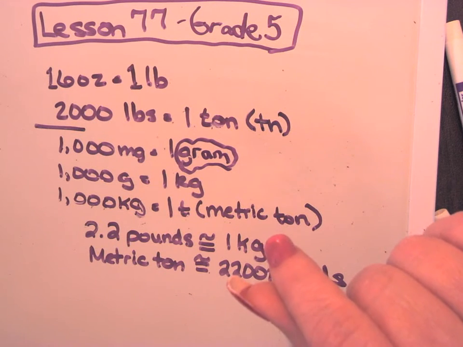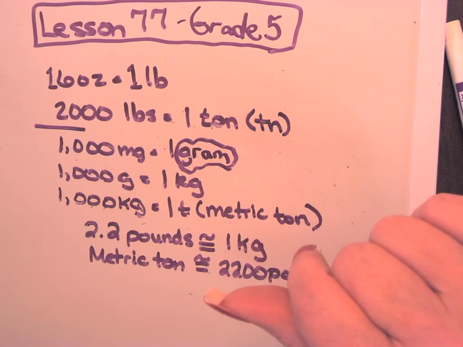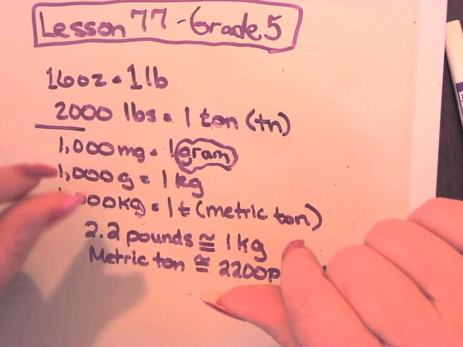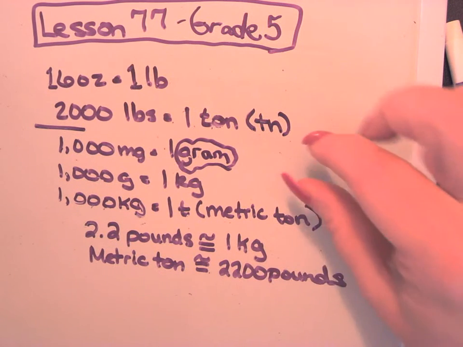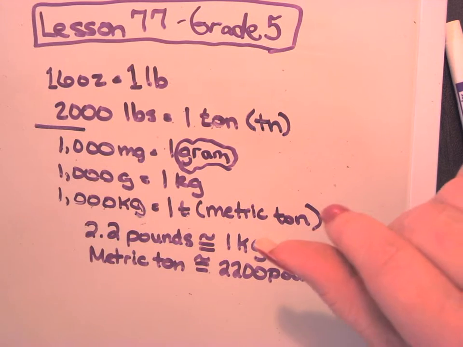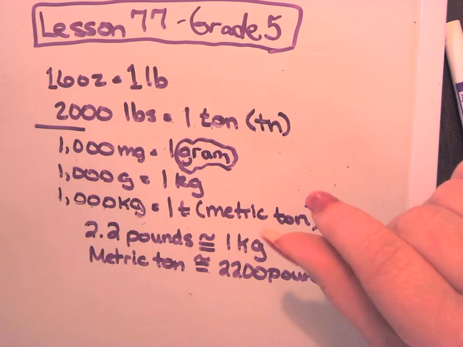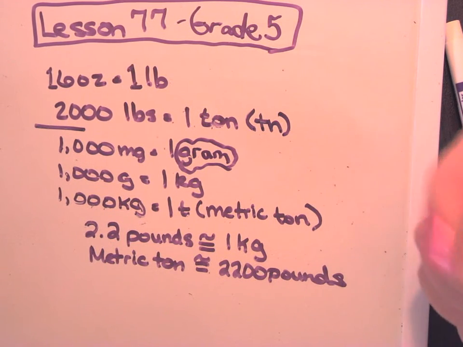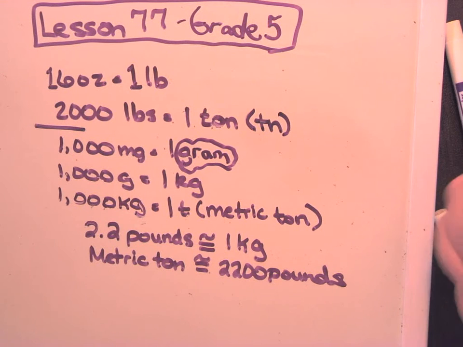A gram, if you remember those little cubes that we used for covering up our numbers, and they were those little 1 by 1 squares, those are gram cubes. Those weigh a gram. So you're talking at like 3 paper clips. If you were to hold 3 paper clips in your hand, you're holding about a gram.